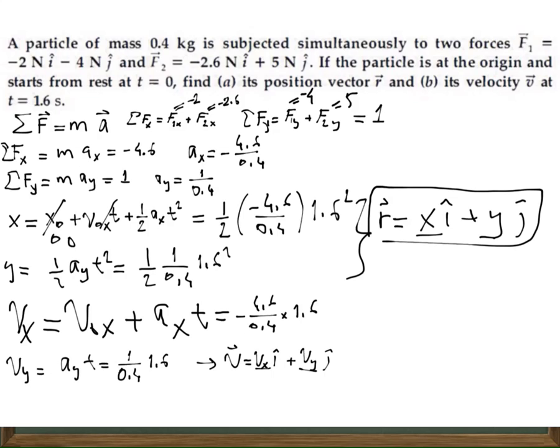Any questions? So when solving problems, you always decompose everything into x and y, and the rest is just your previous knowledge, x and y, v_x and v_y, from chapter 2. All right.